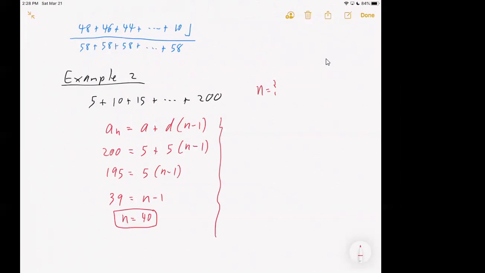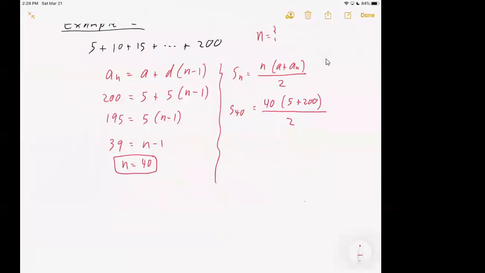So now I could use formula 2. So I can say S of n is equal to n times a plus a sub n all over 2, and I now have the numbers. So this is the 40th partial sum. It would be equal to 40, the first term was 5, the last term was 200. We'll put that over 2.